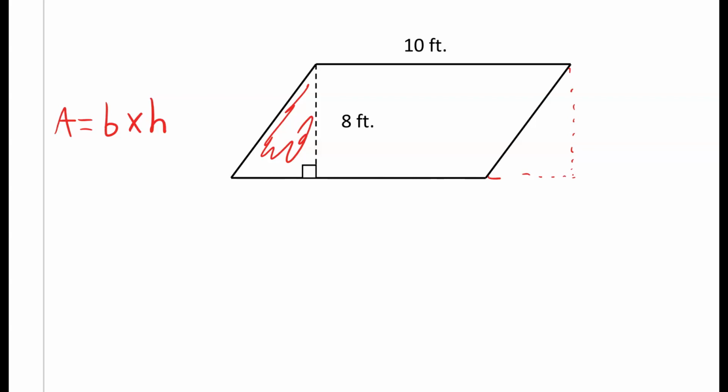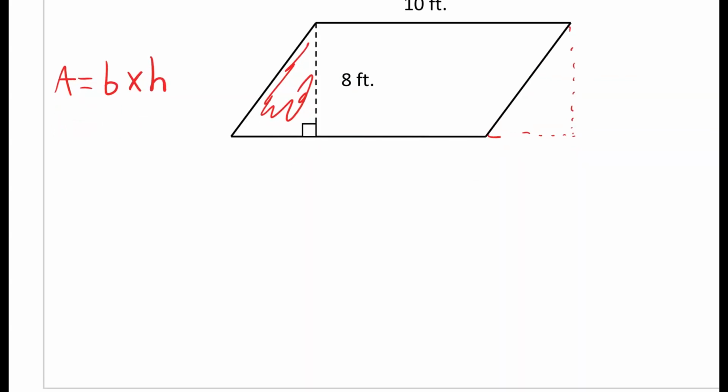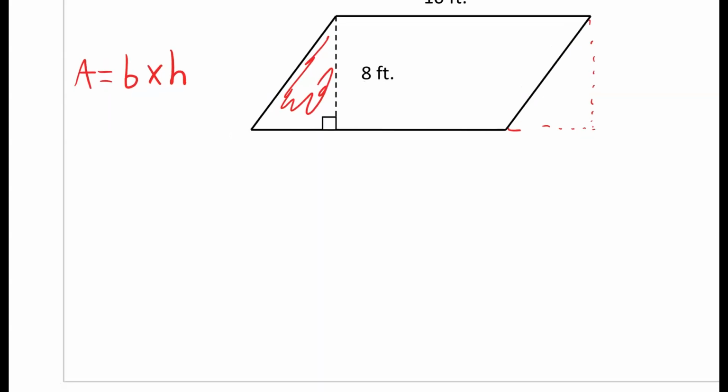In this situation, we're using base times height, but we're following the same procedures. So area equals base times height. So our base is 10 and our height is 8. So area equals 80 and our unit is feet squared.